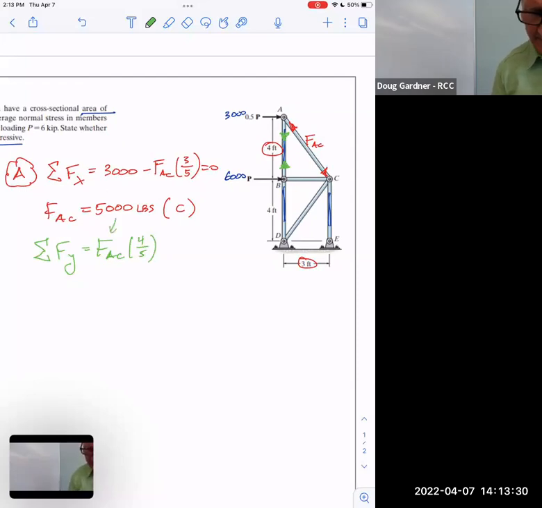Then you have AB pulling down, and it is down, so I don't even have to modify it. So 4/5 of 5,000 would be 4,000, so I know force of AB would be 4,000. And because it's arrows in, that would be in tension.